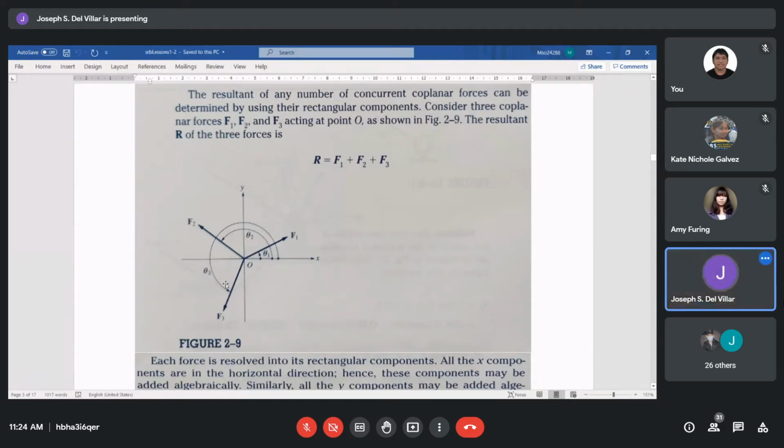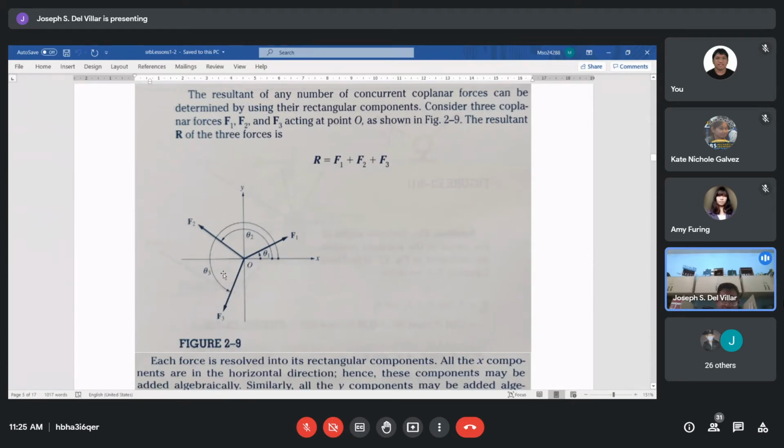Now, similarly, itong theta sub 3, the direction of F3, is more than 180 but less than 270. So this can be, I think, 260 or 250 degrees. Pwede rin yun, but as I've said, I prefer the acute angle with respect to the x.